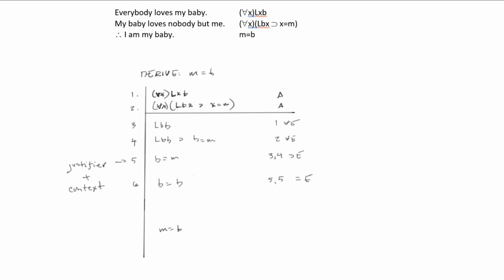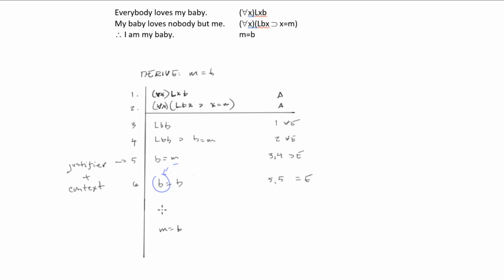Now, in this version of the proof, what I'm going to do is take this B out of line 6 and put M in for it. In this case, line 6 is a context for substitution, and line 5 is an identity justifying substitution. It says that I can take a B out of a sentence and put an M in for it, and that's what I'm going to do.